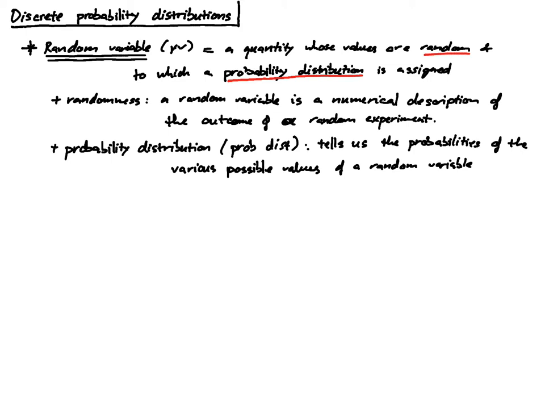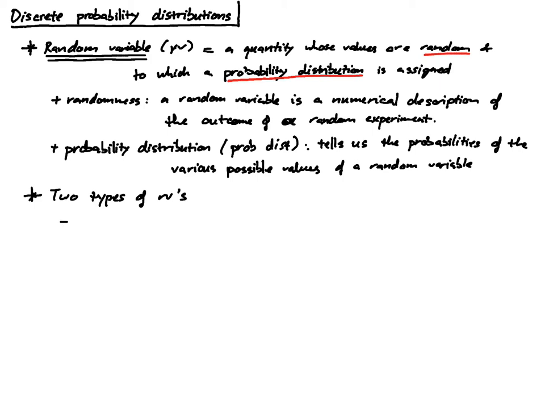Now, we have discussed this in the past, but there are two types of random variables. So the two types of random variables are discrete random variables and continuous random variables.